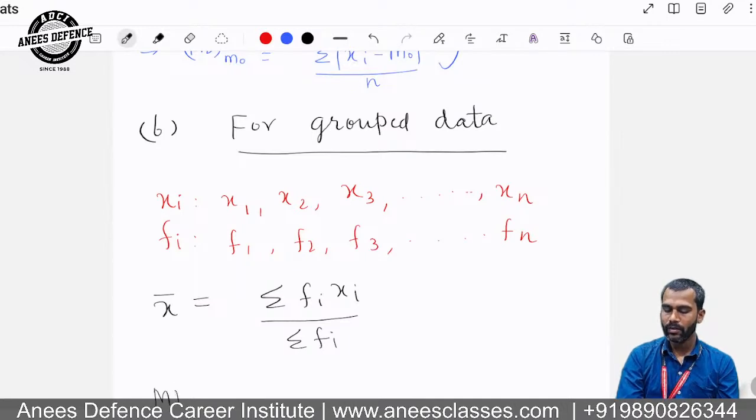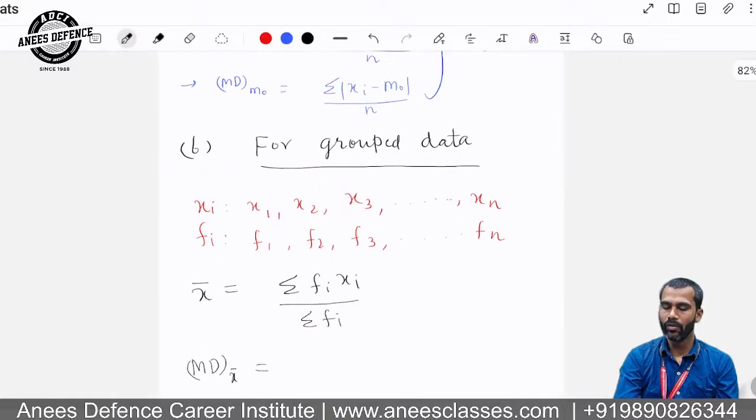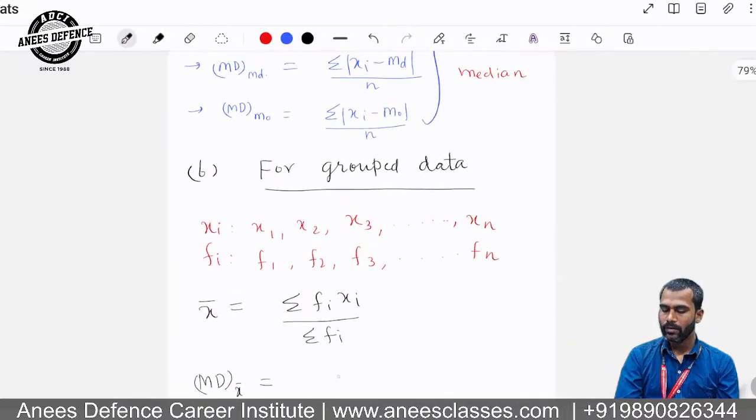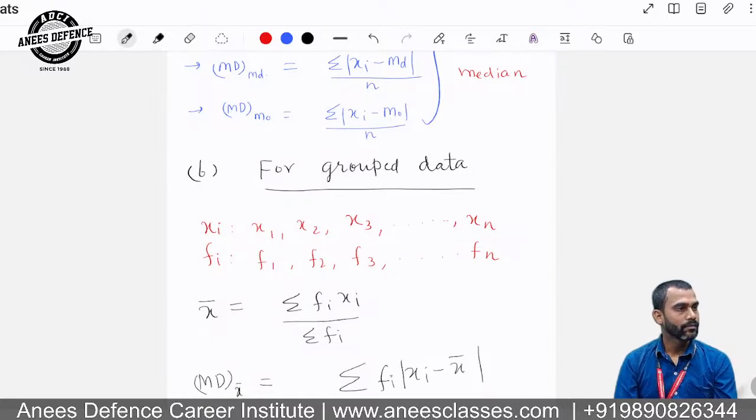What is mean deviation? Mean deviation about mean. I'm writing the formula. Tell me, how can we write summation fi mod of xi minus x bar? Here frequency will come.